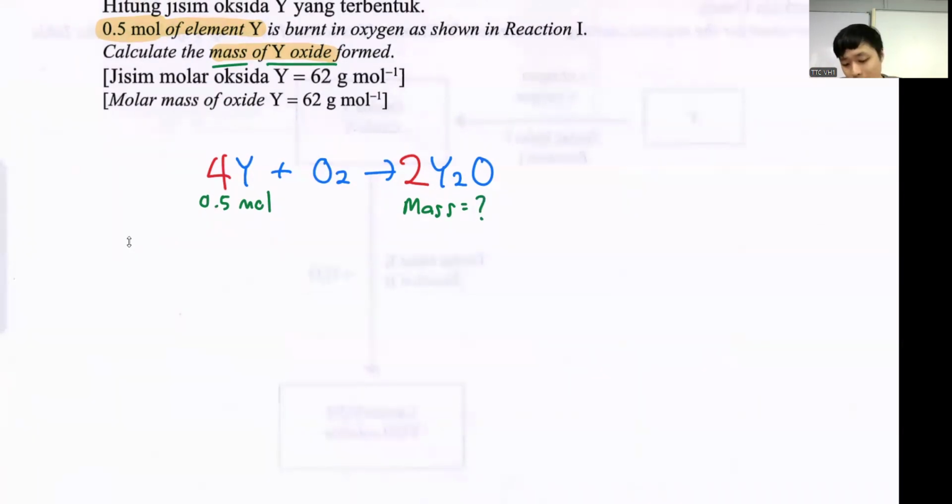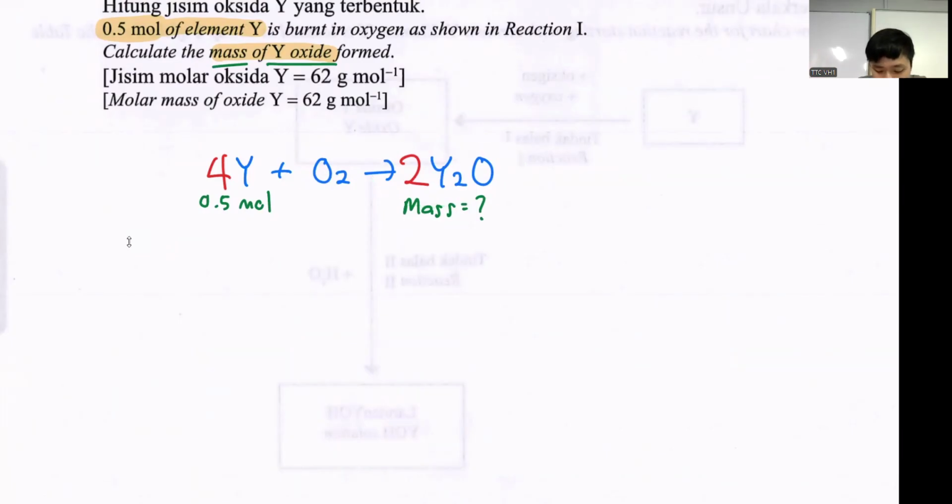So, and then what you do? Now, you already got number of mole. This question is so easy. For number of mole of the Y, you can just straight away do ratio. Ratio is 4 mole of Y to 2 mole of Y2O from the chemical equation.